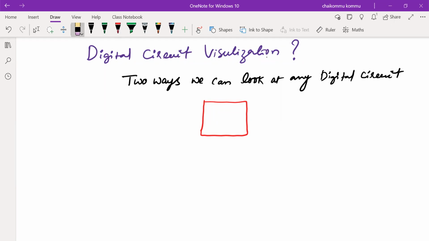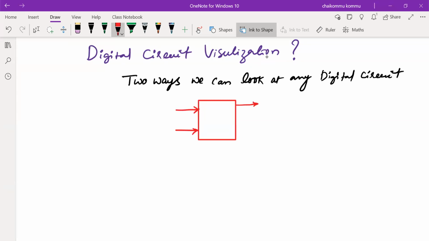So this is a digital circuit having one input, a second input, a third input, and a fourth input.